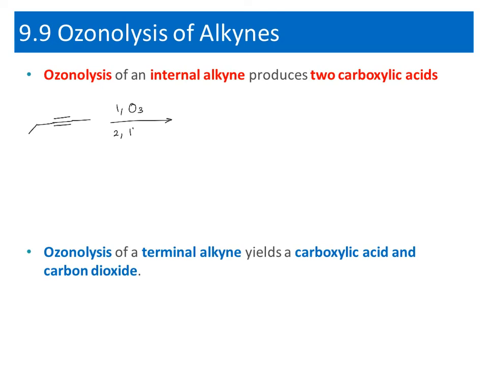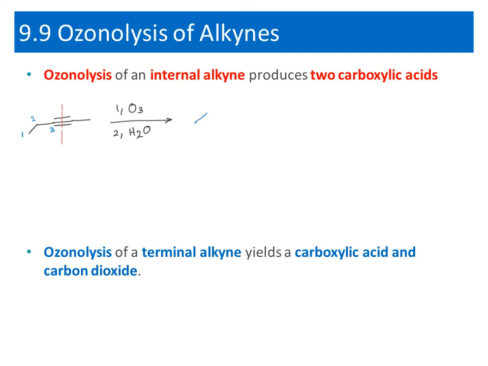Okay, so the second step, we are gonna add water. Now again, it's the same process. We are gonna break the triple bond, and in each side, after breaking, we are gonna add carboxylic acid. So we have 1, 2, 3 carbons in the left side.